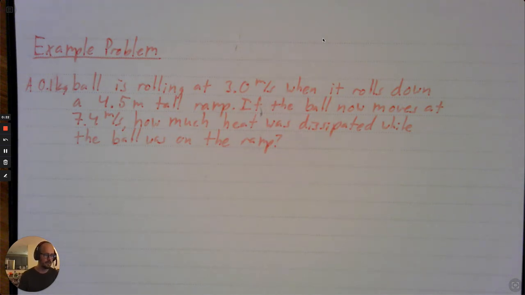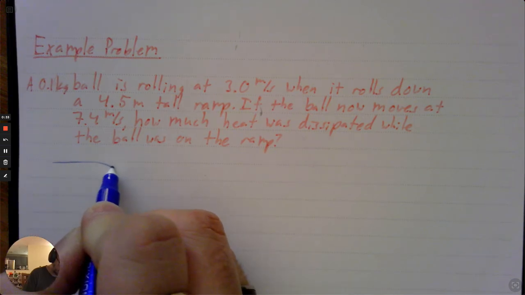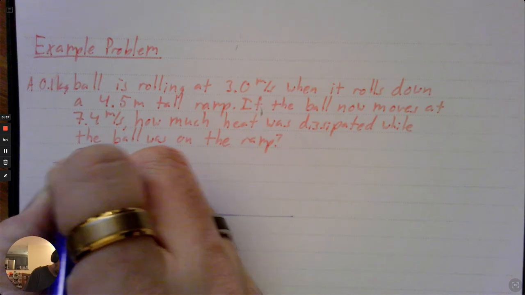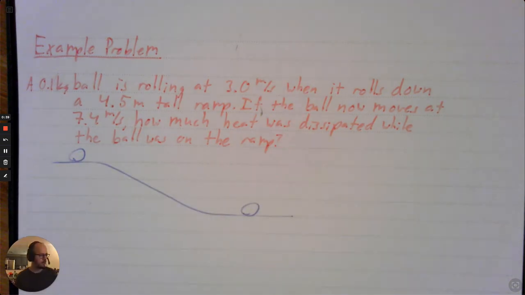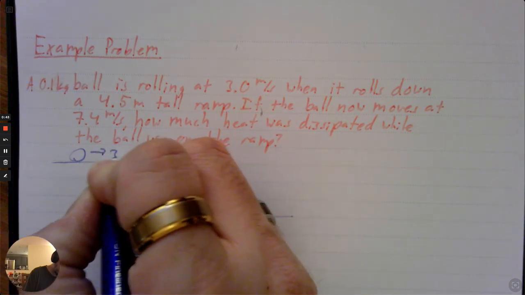So we have this fairly complex problem with lots of numbers in it, but basically we have a ball that's going to roll down a ramp. Before we even get into the problem, we can draw it. The ball is going to roll down the ramp. When it's at the top of the ramp, it's rolling at 3 meters per second.